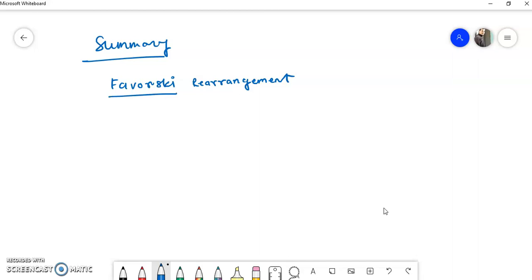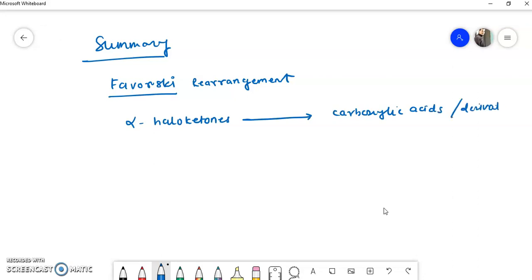So what is this Favorsky rearrangement? It is a rearrangement of alpha haloketones to carboxylic acids and their derivatives in the presence of a base catalyst.